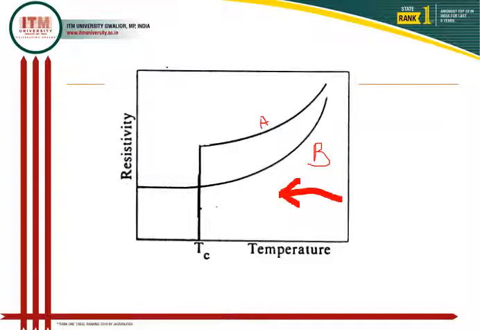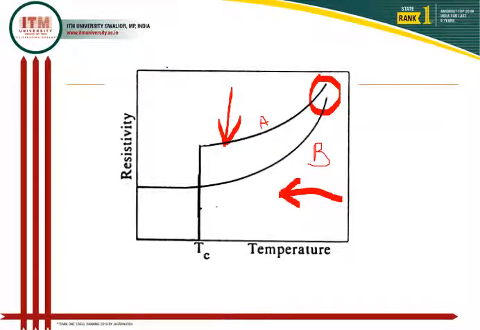Reduce means you move towards the lower side in this graph. This graph is between temperature and resistivity. You can observe that when you reduce the temperature, the resistivity also decreases this way in both cases. First, talk about this specific case.